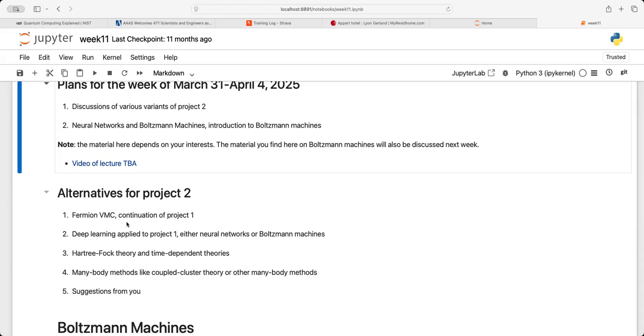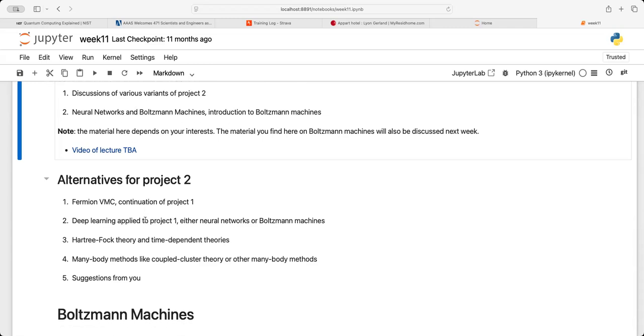Now, the kind of options which we have, and you will find these under project number 2, is one is to just take project number 1 and replace the system of bosons with a system of fermions. And one of these systems is a system where you can use the harmonic oscillator, and it's called a quantum dot system.